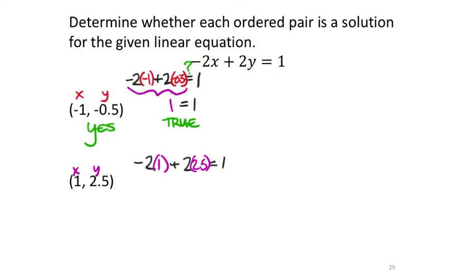Negative 2 times 1 plus 2, I almost typed that in wrong, times 2.5, positive, enter. And all this stuff right here just gave me a 3. So as I'm checking this, I've just found that 3 equals 1. That's false. So I guess no. No or false, either one.